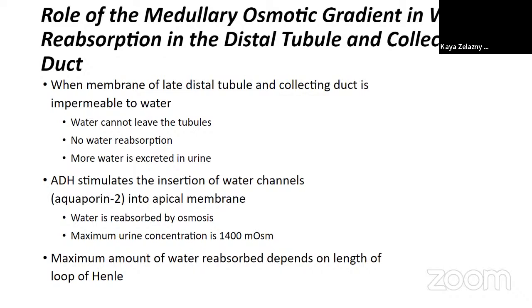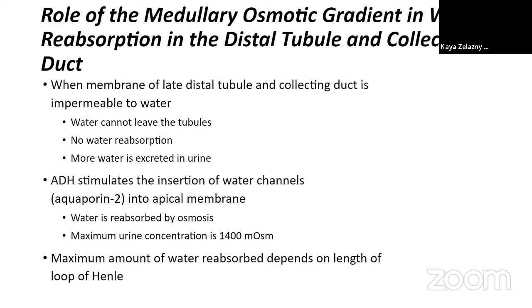And because we're moving this water, essentially what we're doing is concentrating the urine, right? So it's going to get darker, and you'll probably have less volume of it because you're reabsorbing the water. You're pulling that water into the blood. You're probably trying to maintain blood volume, trying to not get too dehydrated. So this is concentrating your urine when we have ADH present.